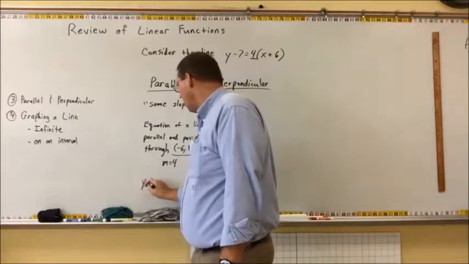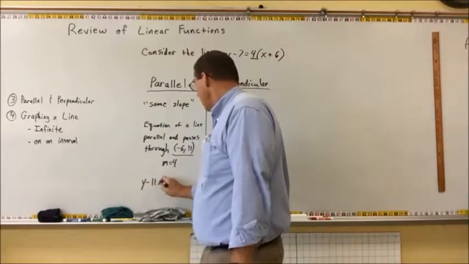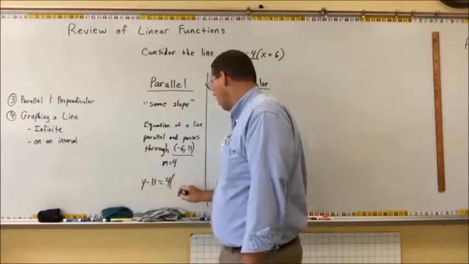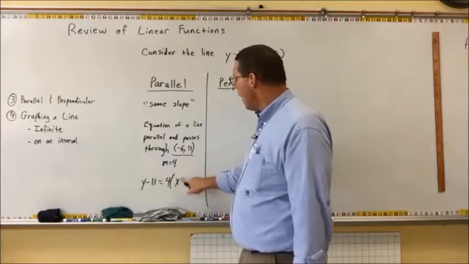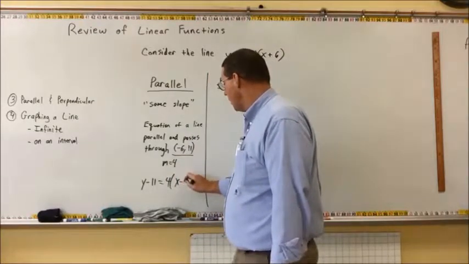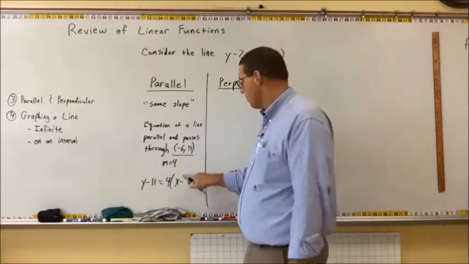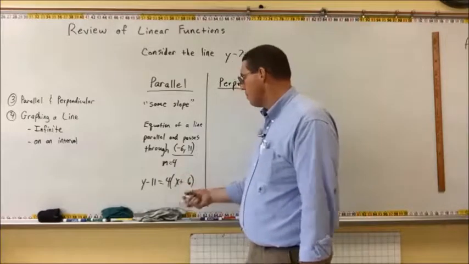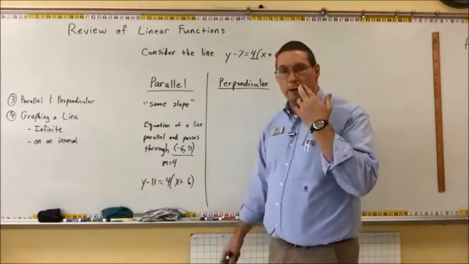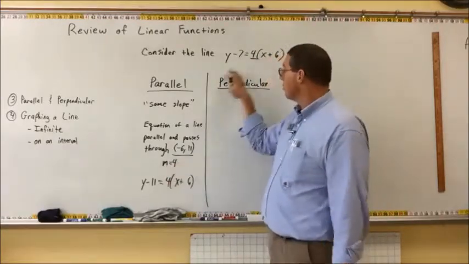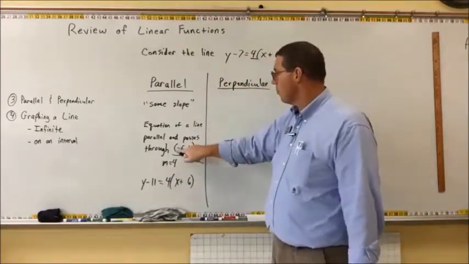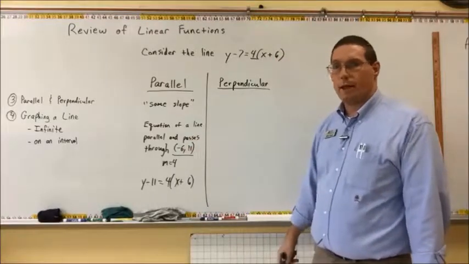So it's going to be y minus 11 equals slope 4 times x minus negative 6. Minus negative means positive. So we're going to get rid of the negative sign here, make it x plus 6. There's the equation of the line that's parallel to this line and passes through the point negative 6 and 11.